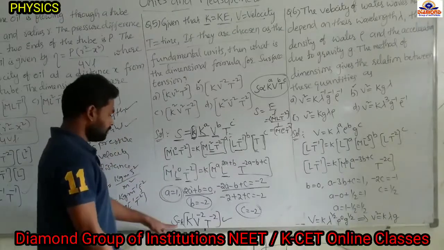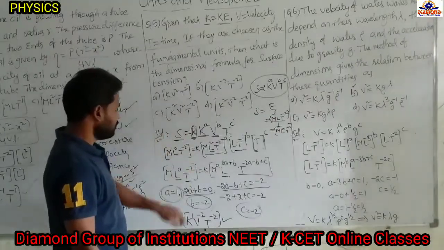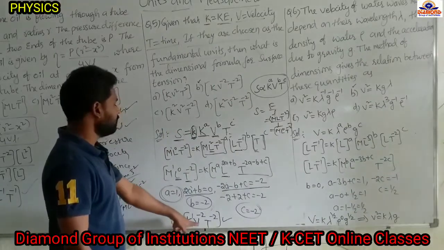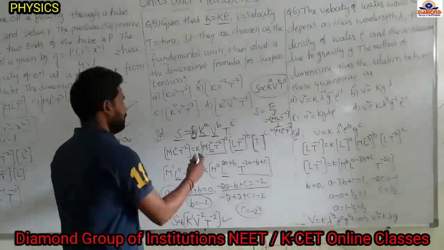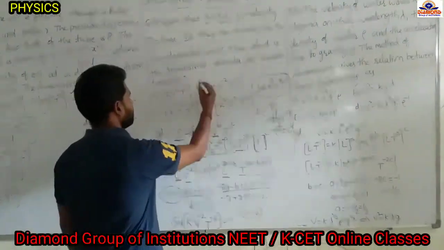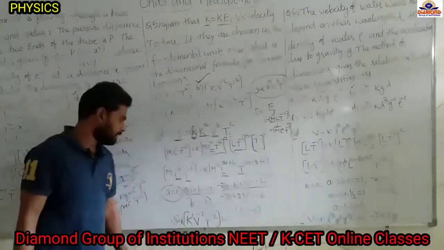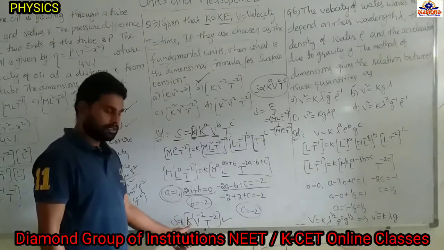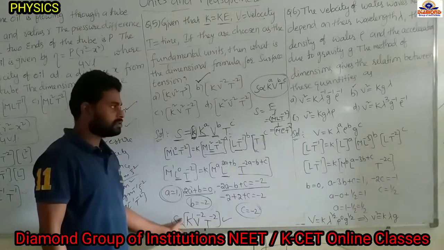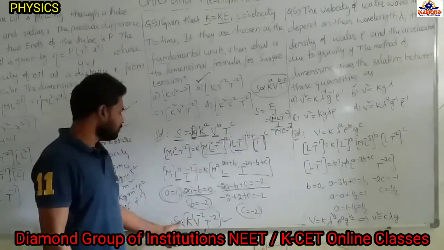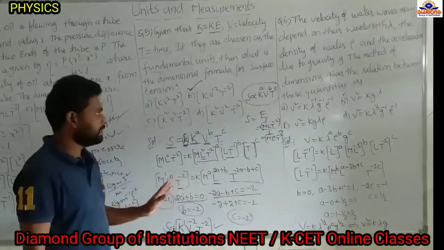Here the dimensional constant is not mentioned, so only the remaining term K power 1 V power minus 2 T power minus 2, B is the right option. Nothing is there means 1 is there. Now don't think this K is the dimensional constant. Sometimes they include it, sometimes they may not include it. This K is kinetic energy, so do it carefully.